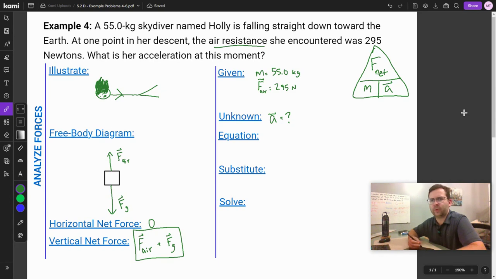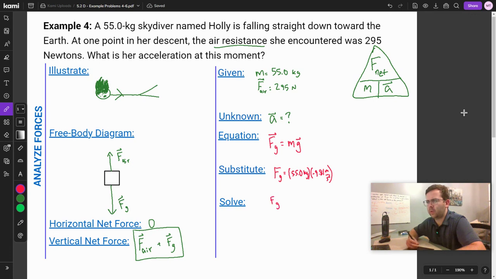One thing that's easy to forget is that we can calculate how much gravity is pulling down on this skydiver because, if you remember, there is an equation that says the weight of any object is equal to the mass of that object multiplied by the acceleration due to gravity. And so the weight of the skydiver is 55 kilograms times negative 9.81 meters per second squared.